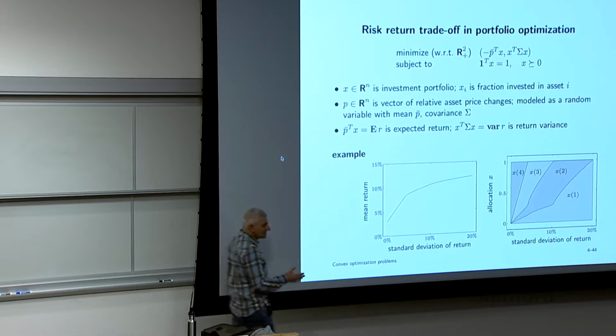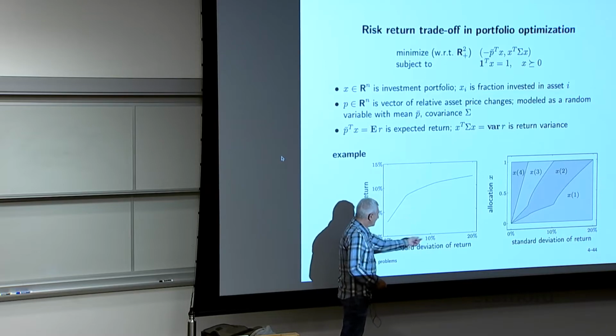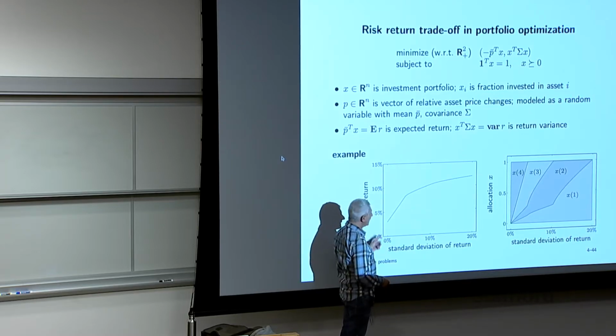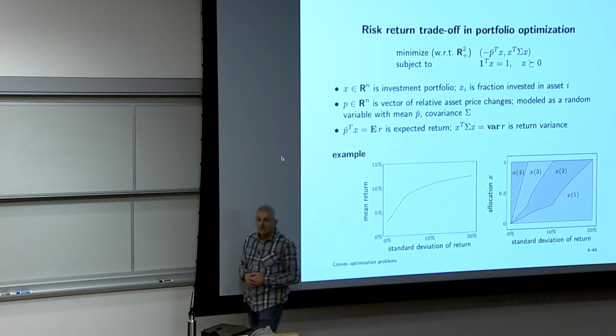So in this, without the flips of sign, left is good and up is good, and you get something that looks like that. A question: is it considered convex because the negative changes things a little bit?